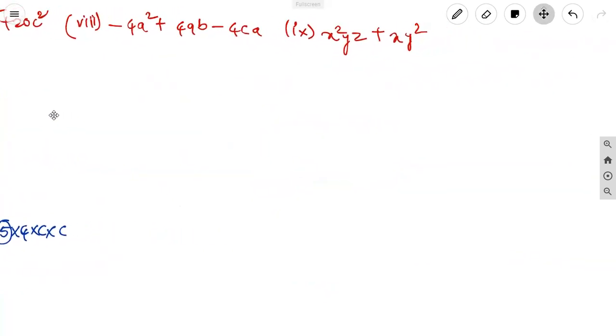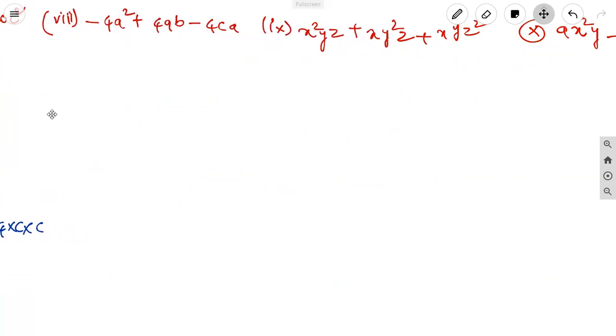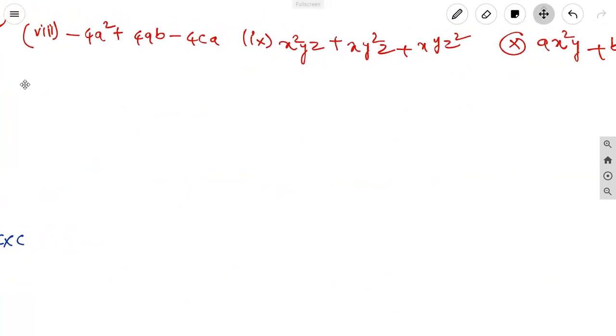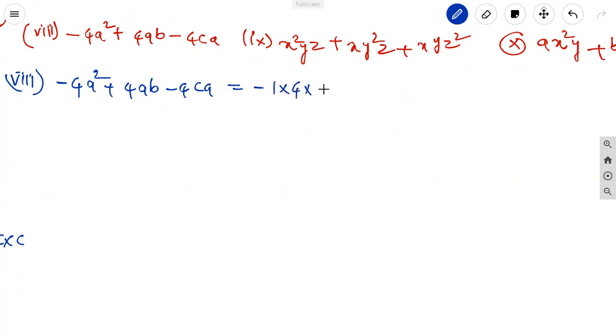Next, eighth one, minus 4a square plus 4ab minus 4ca. Here in all 4 is there, so we can write it as minus 1 into 4 into a into a plus 4 into a into b plus 4 into minus 1 into c into a.